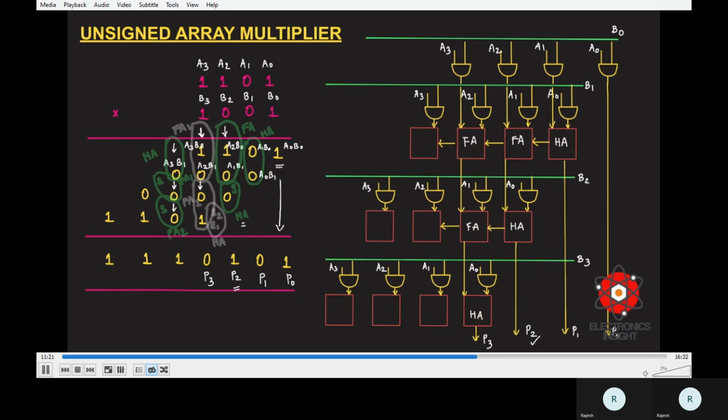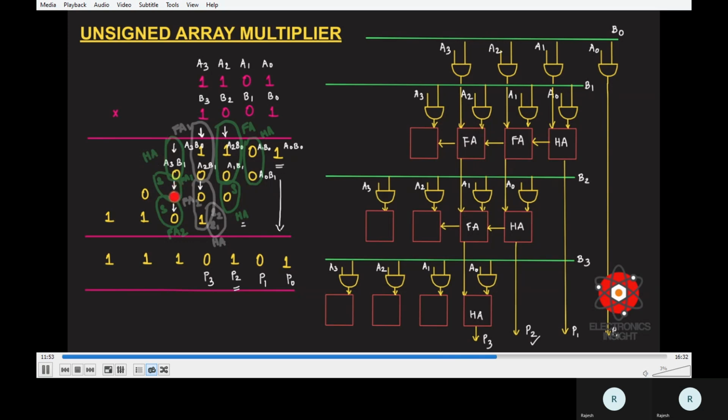In each stage, we are going to decide half adder or full adder based upon the number of bits to be added. And carry is propagating from the LSB to the MSB. That is represented with this yellow lining. So in this general example, we are deciding this is A3 B1 plus carry from previous stage.